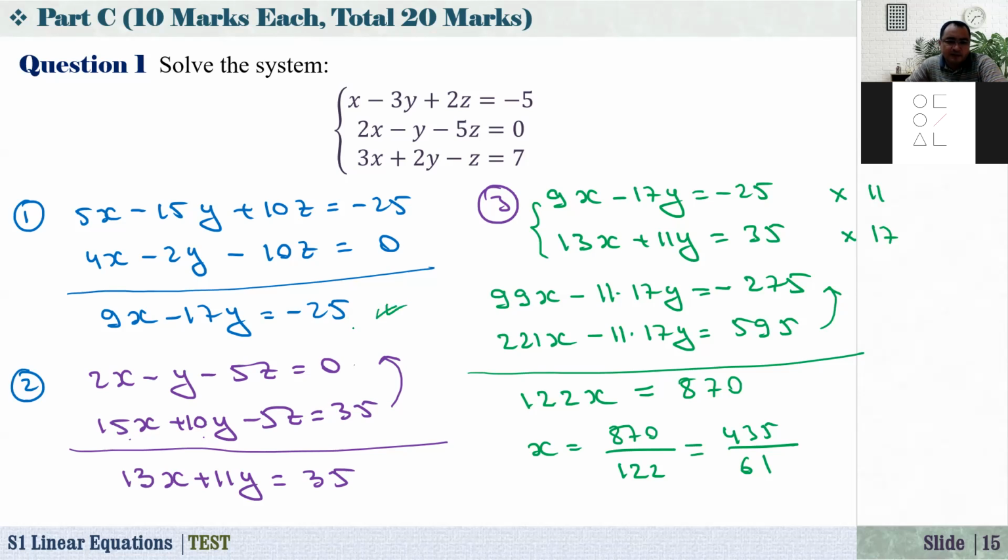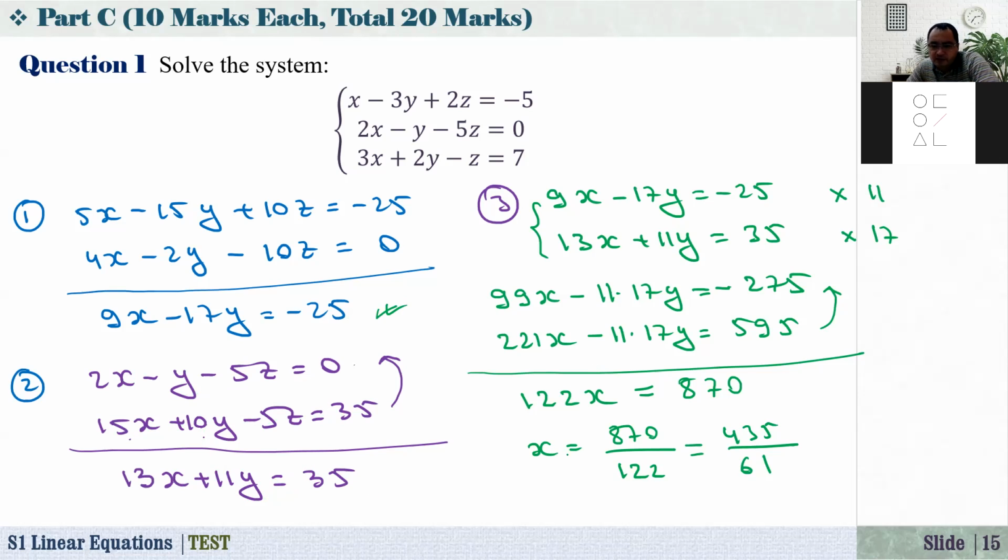So we have no mistake. The second one: 2x minus y minus 5z equals 0, multiplied by 5. The third equation, 3x plus 2y minus z equals 7, multiplied by 5: 15x plus 10y minus 5z equals 35. If you subtract, it is 13x, and here we have 11y, that's equal to 35. So 9x minus 17y equals minus 25, and 13x plus 11y equals 35.